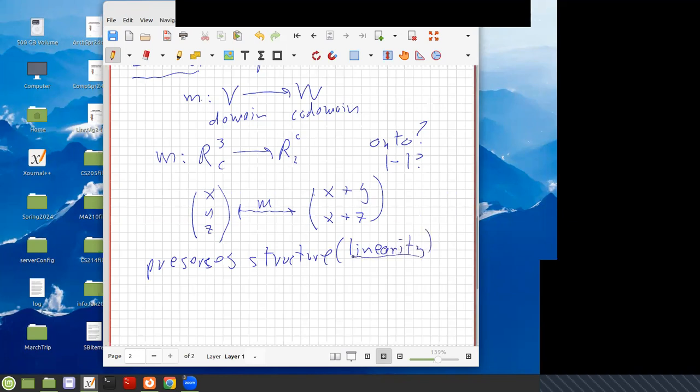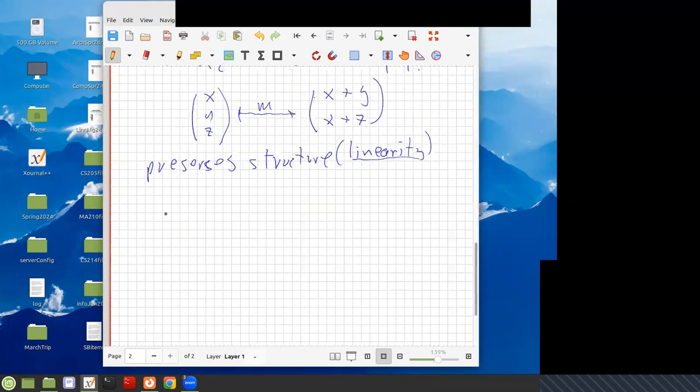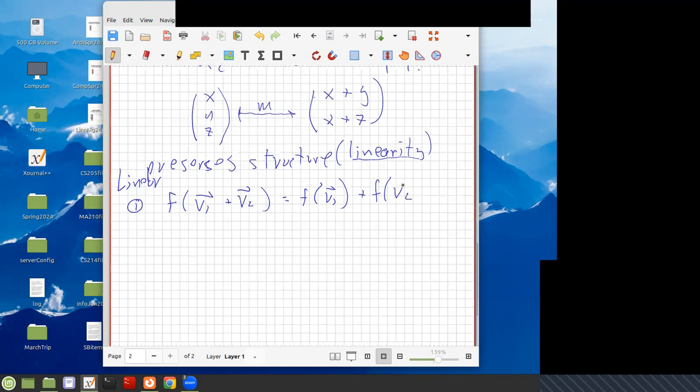So it works nicely with linearity. Now, what that's going to mean is this: a map is linear if it has the following two conditions. The first condition: f of v1 plus v2 equals f of v1 plus f of v2.